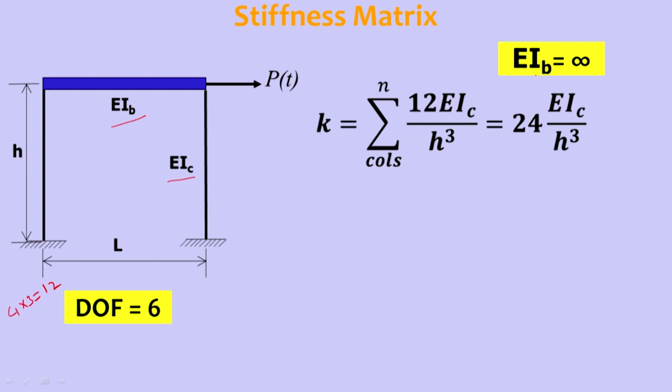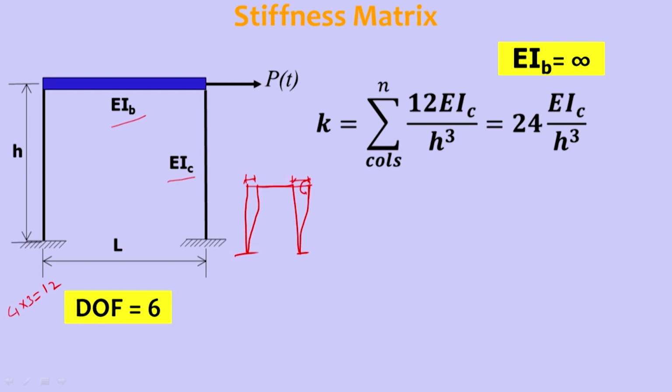So in this one, the given condition is that the flexural rigidity of the beam is infinity. In that case what happens? It behaves like this. So this is 1 unit displacement, 1 unit displacement.